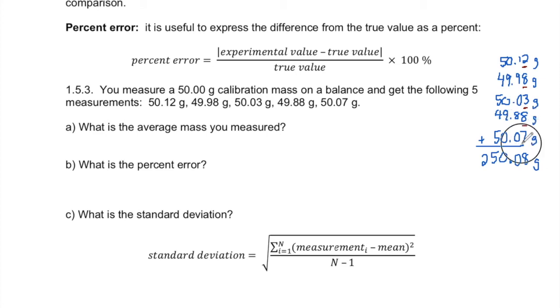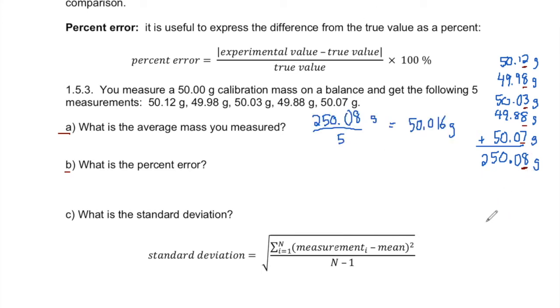All right, so I think that we need to actually look a little bit at A, because we need the average in order to get B. So what we need to do is add up all these data measurements and then divide that by the number of measurements we have, which is 5. When we add these up, we actually get a result with 5 significant digits because all of these are 2 past the decimal.